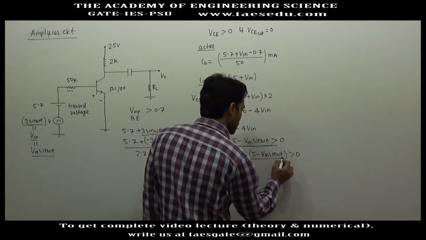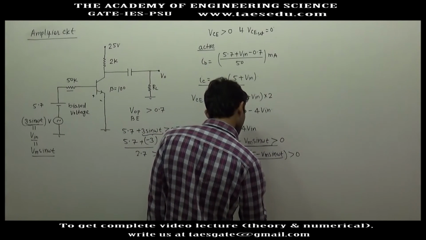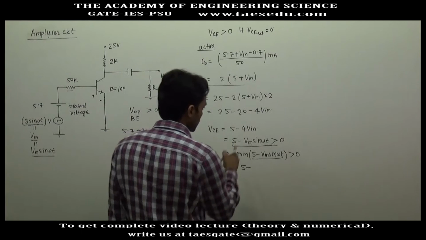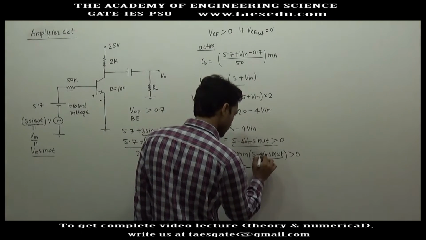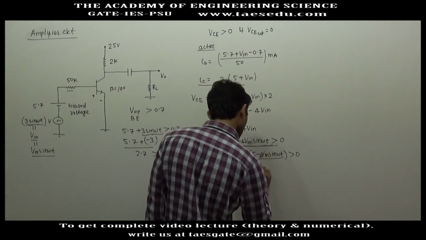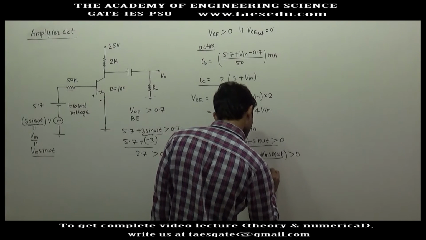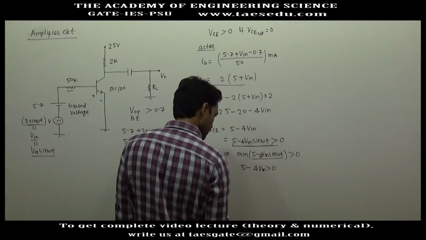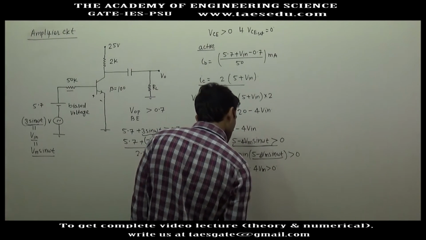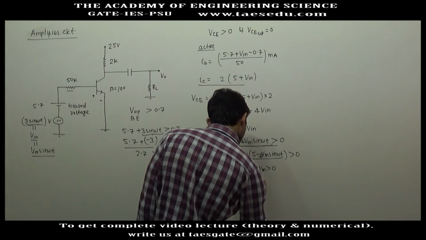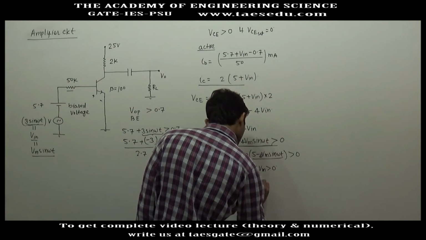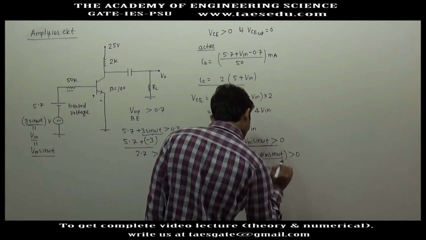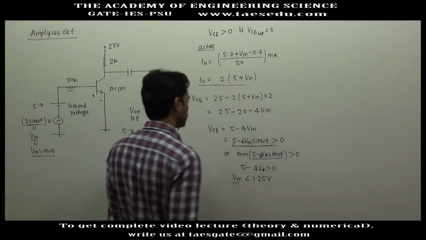And what will be the minimum value of this? 5 minus, here I missed 4. The minimum value will be 5 minus 4 Vm greater than 0, or the maximum value of the AC signal, Vm, must be less than 1.25 volt.